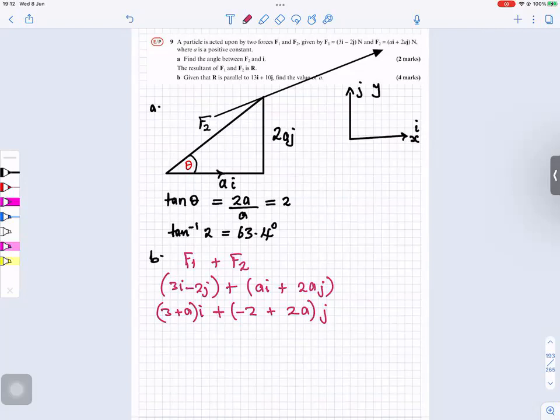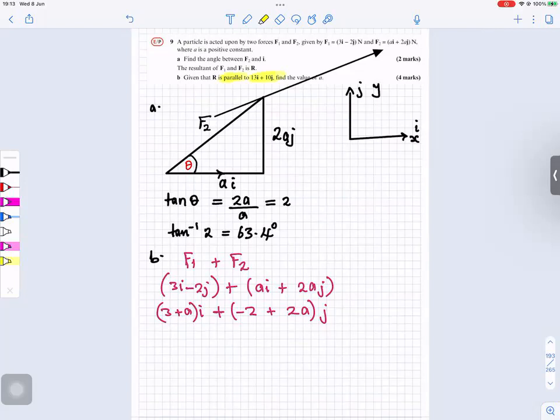So what does it say in the question? It says that R is 13i plus 10j.